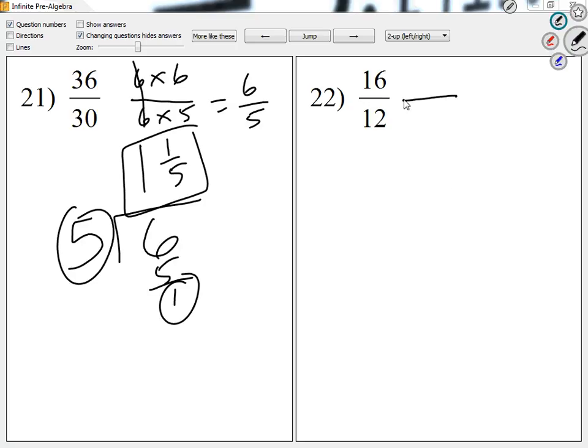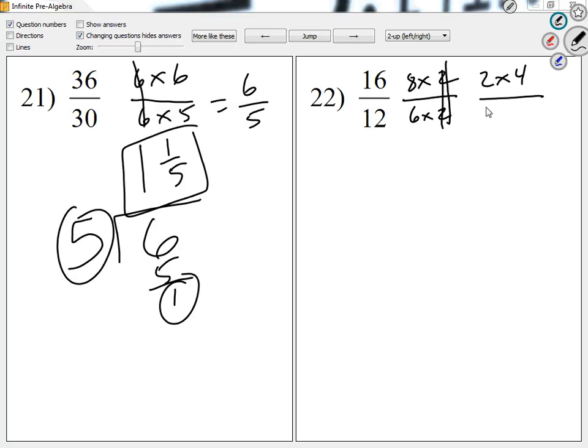Let's take a look at number 22. Let's simplify first. Give me two numbers that multiply equals 16. Okay, and 2, alright. What about 12? Then we're hoping we cancel either the 8 or the 2. 6 and 2, alright. So we have 8 over 6, we can still simplify. Give me two numbers that multiply equals 8. Alright, 2 and 4.